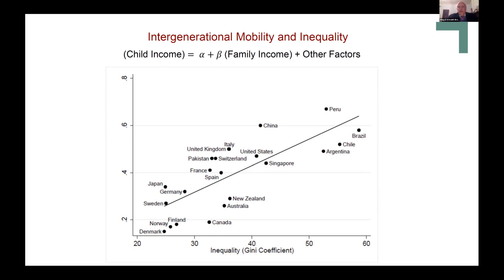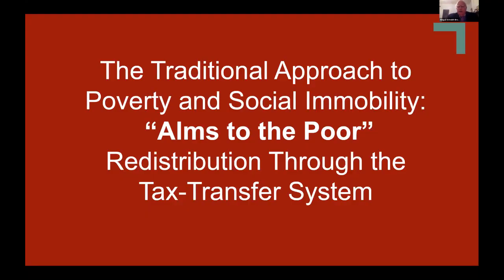So how can we promote the lives of children and do so in a way that benefits the society? So one way that people talk about solving the problem of poverty and social immobility is giving alms to the poor.